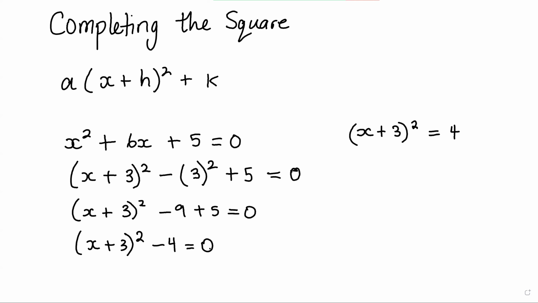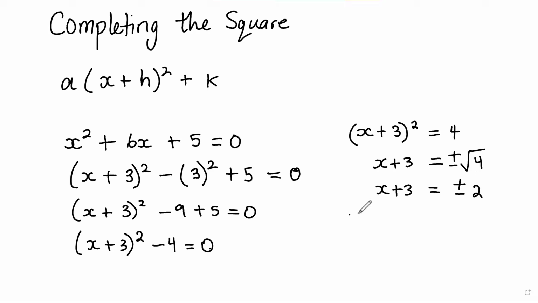And then to remove the square, because remember I'm solving for x, I have to take the square root of both sides. So this leaves me with x + 3 equal to the positive or negative root of 4. I could remove these brackets because there's no need for them. Therefore, x + 3 is equal to plus or minus 2, since the square root of 4 is 2.